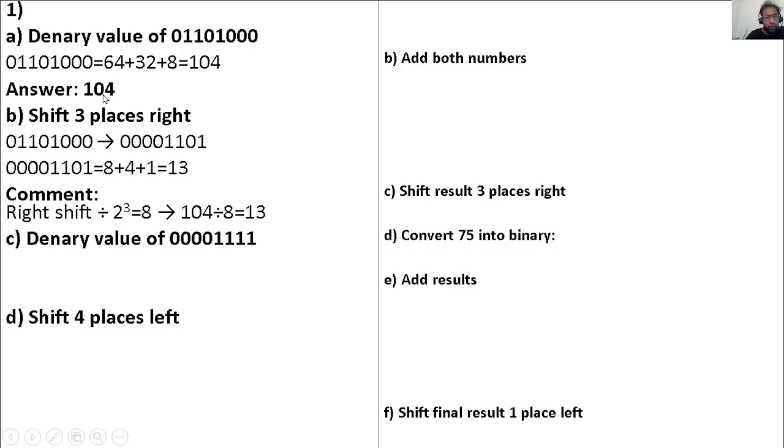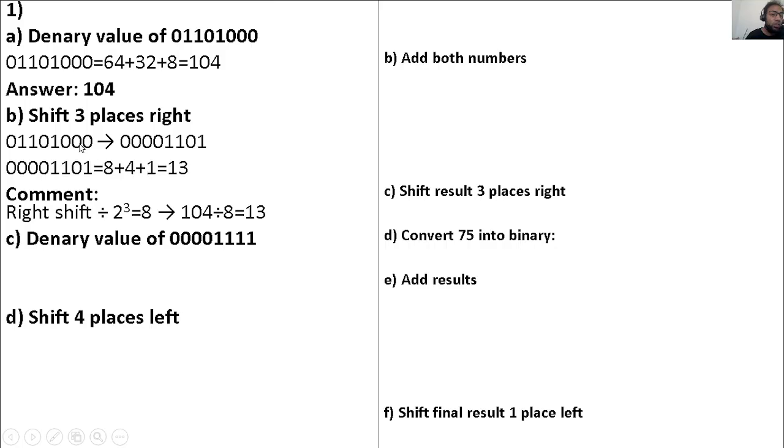Divide. Okay, 1101. We have shifted it to the right. Its value is 104, and dividing 104 by 2, we get 52 with one shift, and when we divide that by 2, in the second shift we get 26. If we divide that by 2, we get 13.